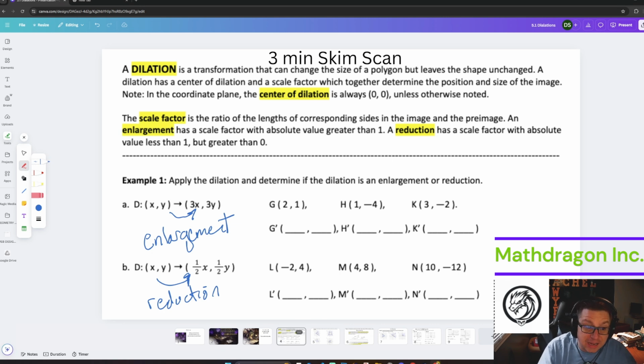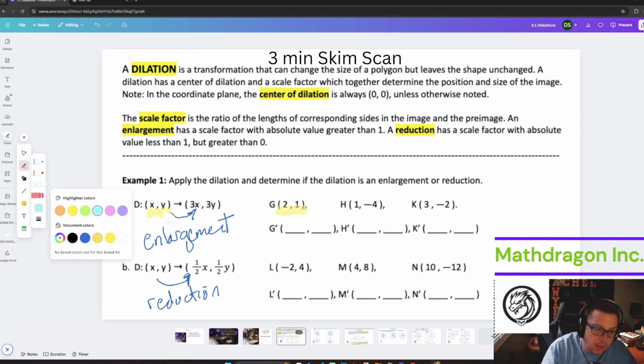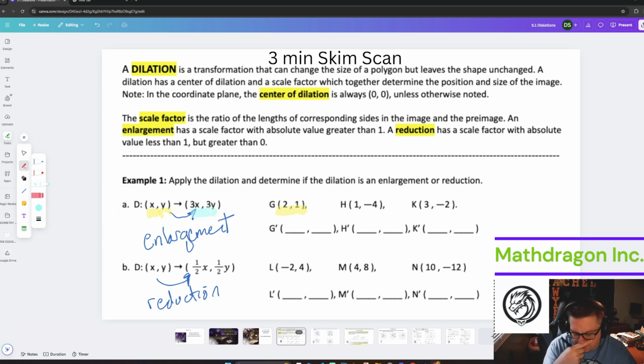So take your x, y values, whatever they are, from your original figure. And then what we're going to do is enlarge this object. I don't know the right wording right now, but we're going to do it 3 times as large. So we're going to take that x value and multiply it by 3, and we're going to do the same to the y.